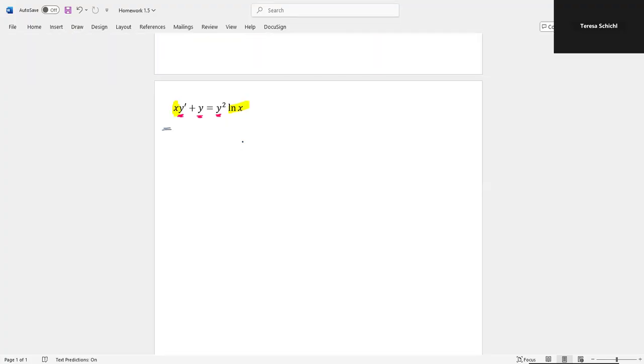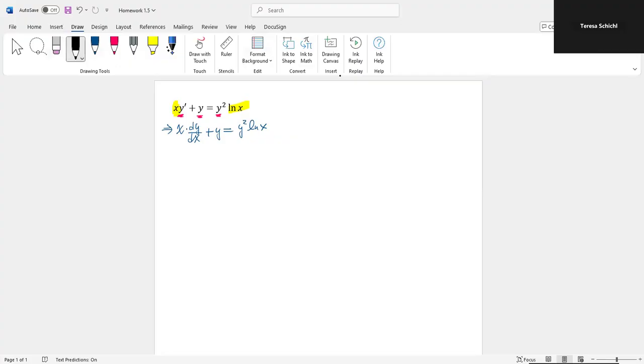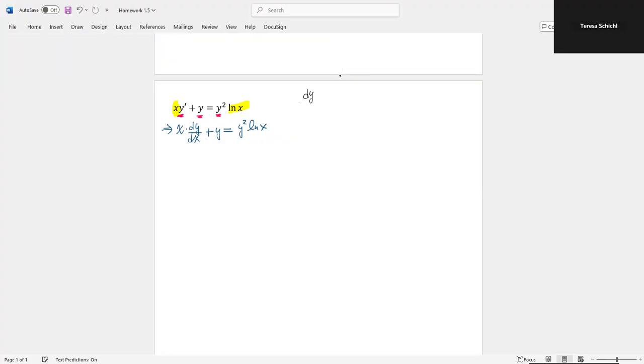So let's rewrite this a little bit. I always like to write dy/dx plus y equals y squared ln x. The first thing I want to do is change it to the Bernoulli equation form. Like always, I will write down the Bernoulli equation: dy/dx plus p(x)y equals q(x)y to the n.